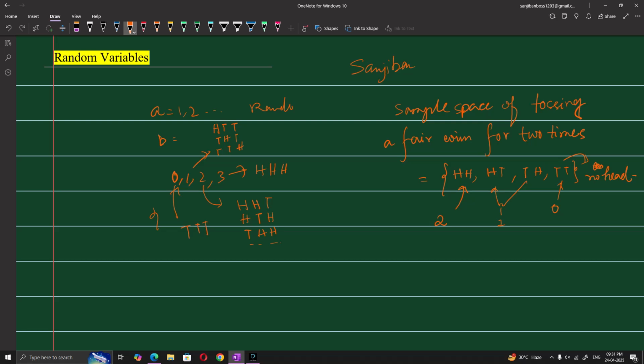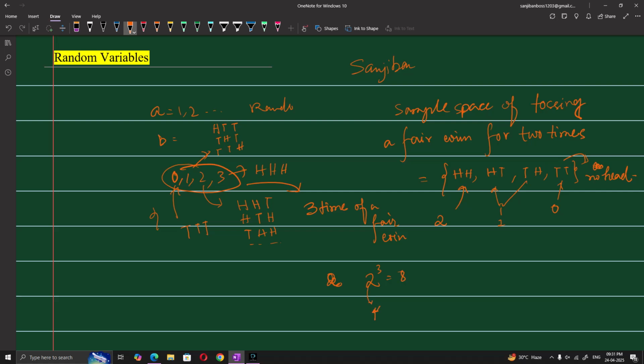And now we can say this is the sample space of tossing a fair coin 3 times. Sorry, slip of tongue, fair coin. Now 3 times means the sample space is 2 to the power 3, that is 8. Why 2?